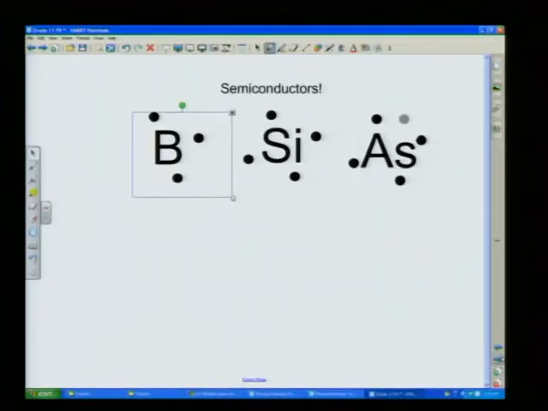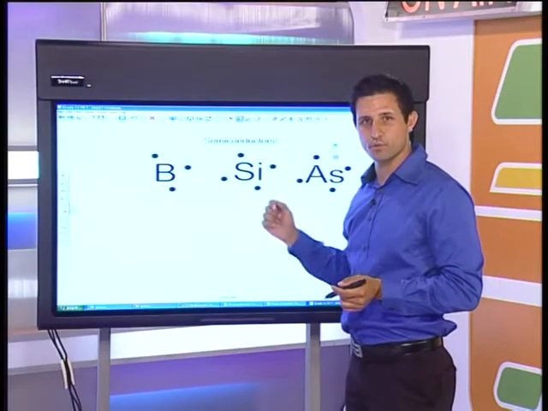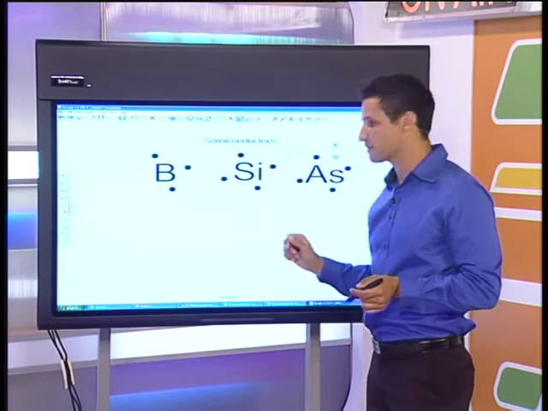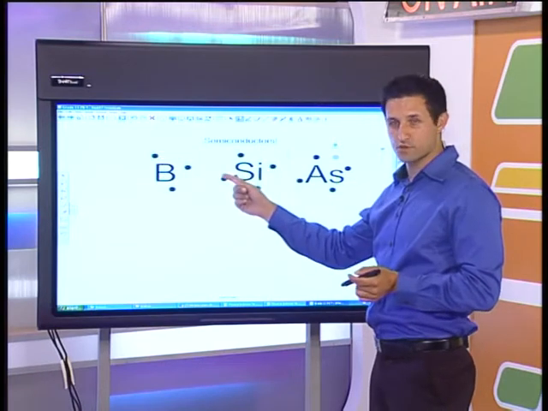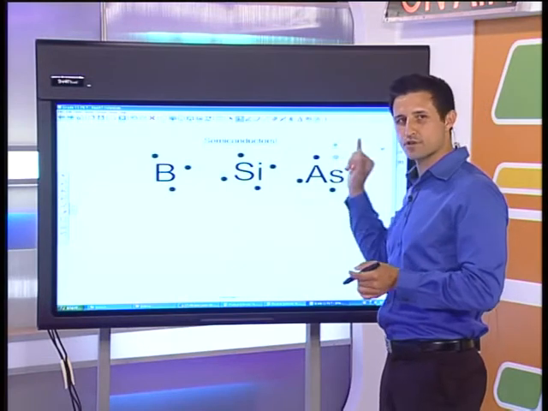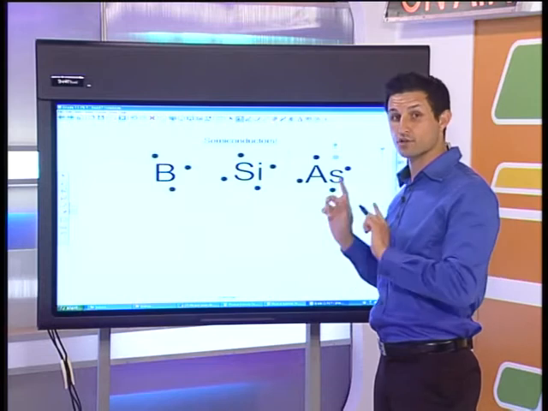I've got boron over here, I've got silicon over there, and I've got my arsenic on the right-hand side. What we're going to do is we're going to talk about why these electrons are very important around them. I see that boron has got 3 valence electrons, silicon has got 4 electrons, and arsenic, I've actually chosen to show you that extra electron in gray. And the reason for that, I'm going to show you in a moment.